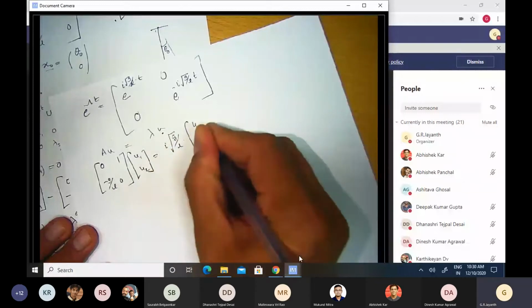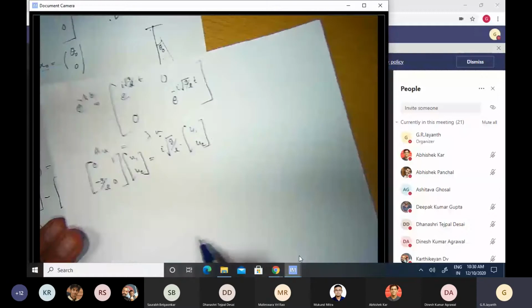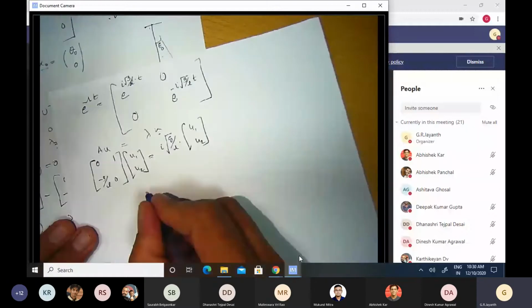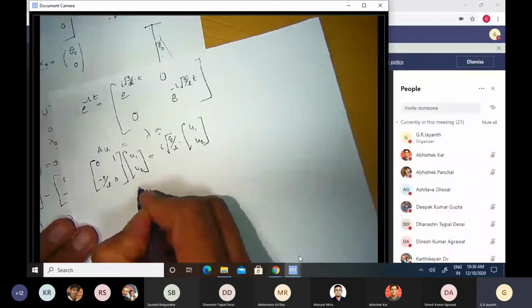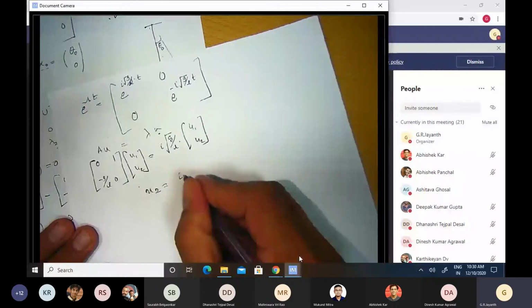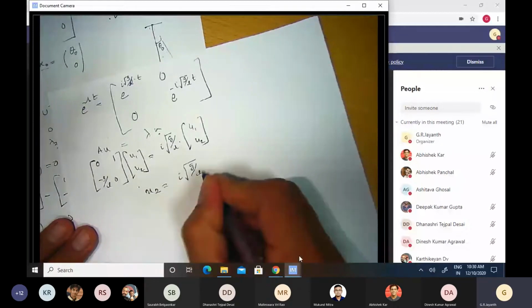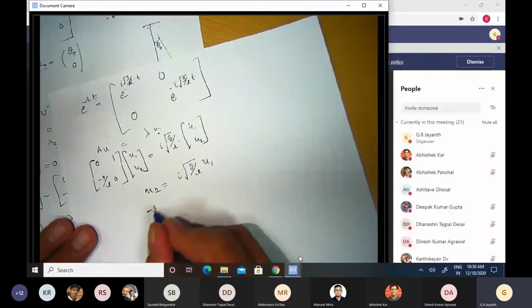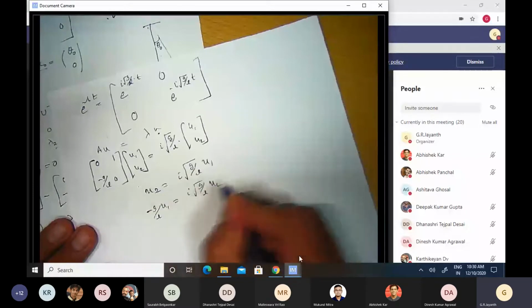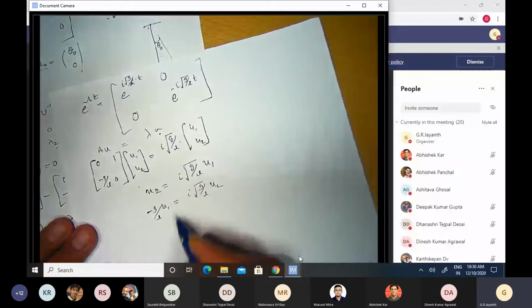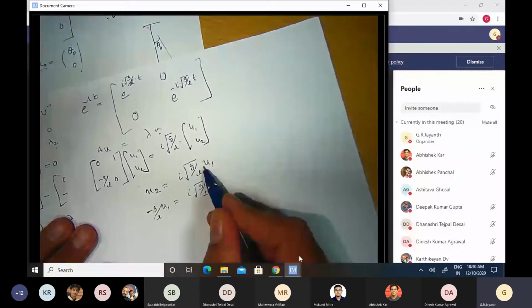And what does this indicate? This indicates that if I look at just the first multiplication, U2 is equal to i root of g by L U1. Okay. The second equation is redundant. Minus g by L U1 is equal to i root of g by L U2. This is redundant because it just follows from the first one. Okay. So I only need this first equation.